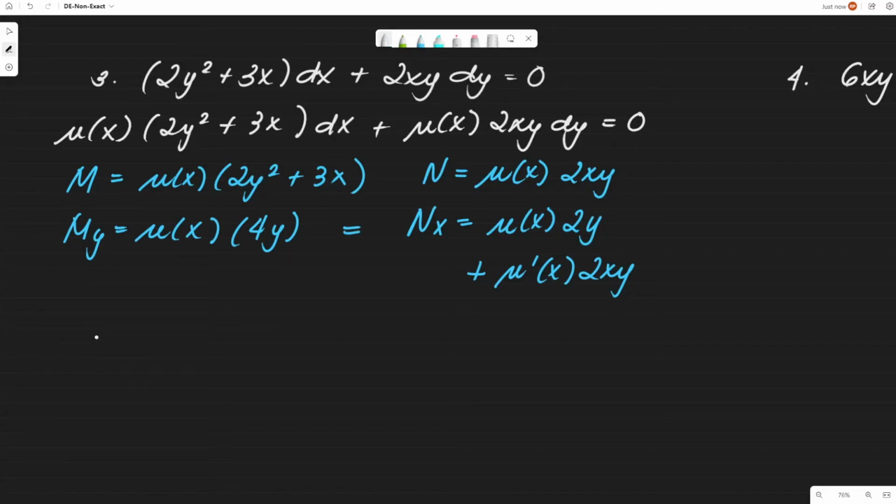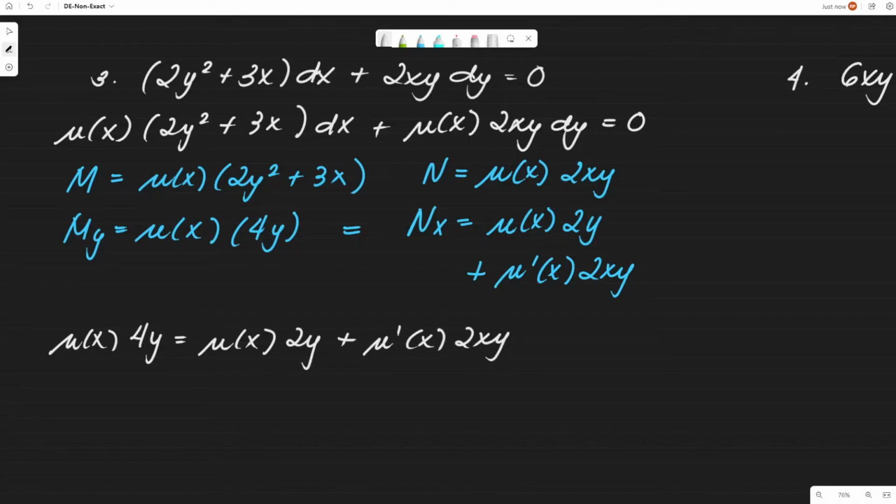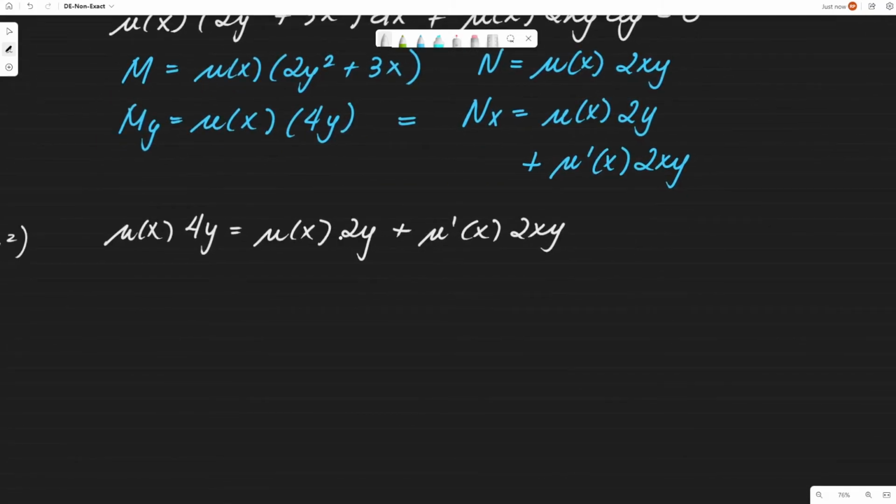So we have mu of x times 4y is equal to mu of x times 2y plus mu prime of x 2xy. Okay? So by transposing mu of x times 2y to the other side, we have mu of x times 4y minus mu of x times 2y. Pinactor out yun na si mu of x.